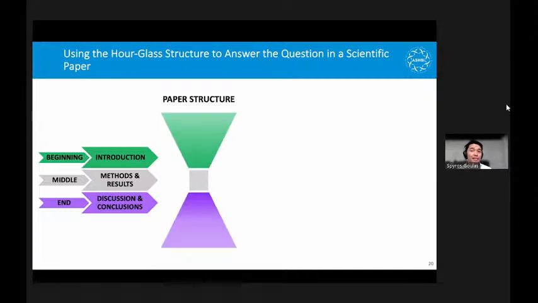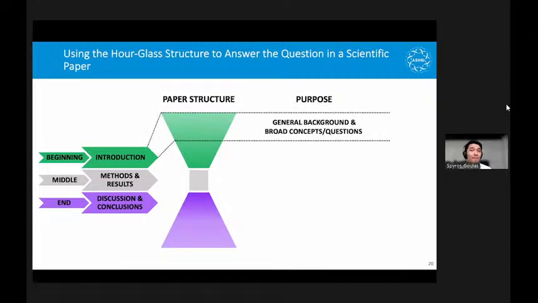As one can see, this shape is similar to that of an hourglass, and each part of that hourglass serves a specific function in a scientific paper, starting by providing background information of a general nature about the topic or field.